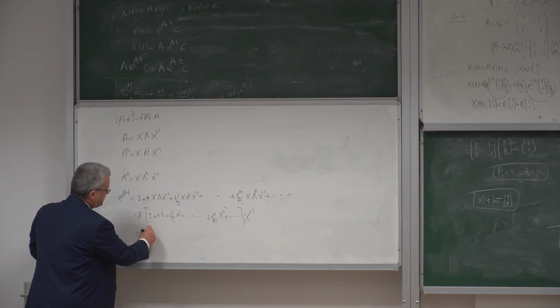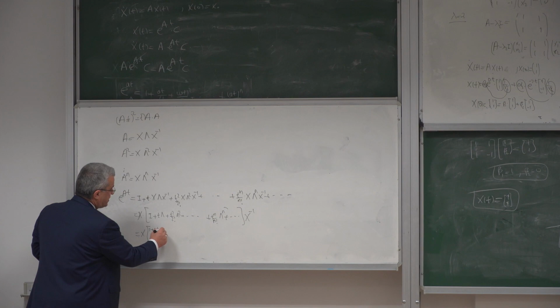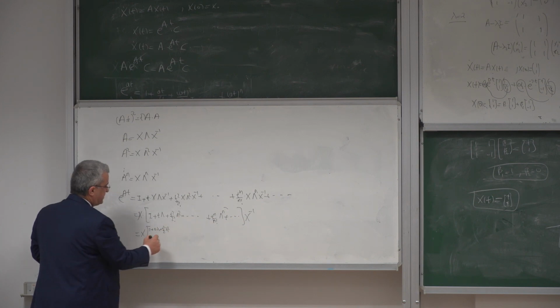So this is a diagonal matrix, 1 plus T times lambda 1 plus T squared over 2 lambda 1 squared, right?